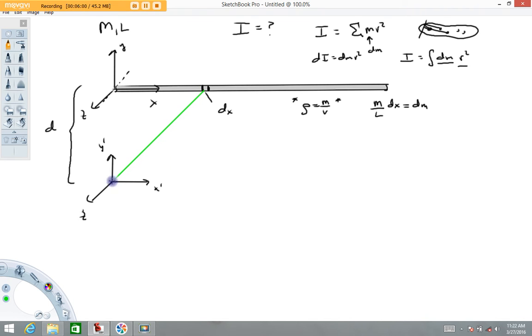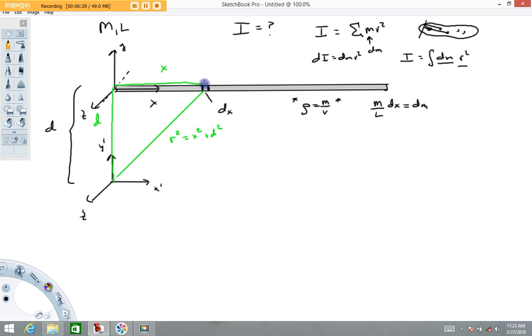And again, you got to imagine this rotating about the z-axis. Now, that distance is not equal to x, right? In this picture, this is x. This is d. The distance we want, r, is this distance, and I'm going to go ahead and write r squared is going to equal x squared plus d squared from the Pythagorean theorem on this triangle.